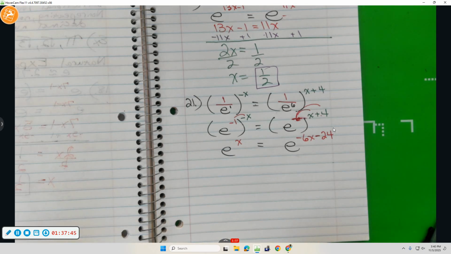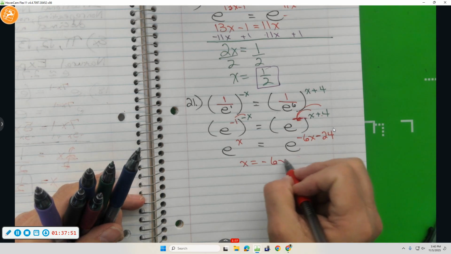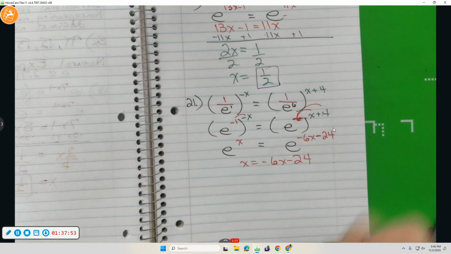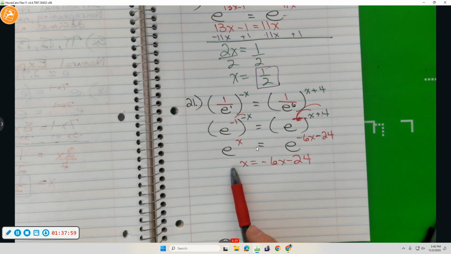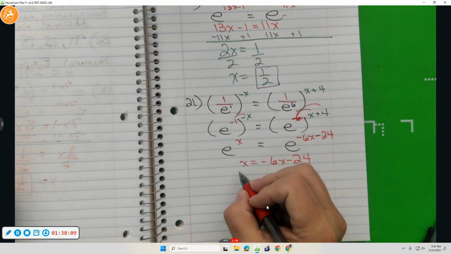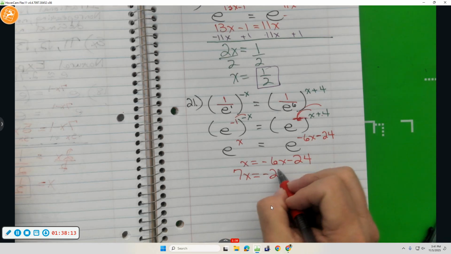And now what can we do? Drop the e's, set the exponents equal. I think I'd get the x's collected on the left side by doing what? Plus 6x, 1x plus 6x is giving me 7x equals a negative 24.